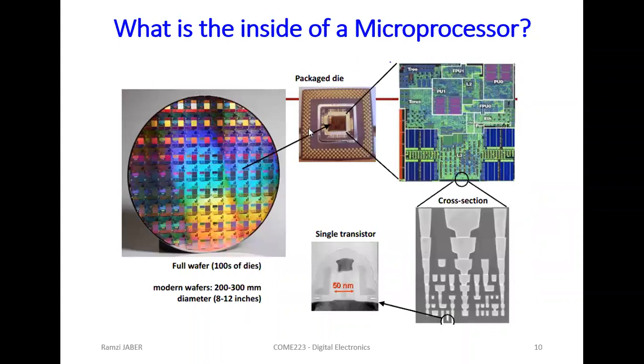Each layer has a section. This is the cross section of the transistors. In this processor, they use transistors with 50 nanometer size. Today we have 3 nanometer size. Imagine the numbers. So this is inside the CPU.